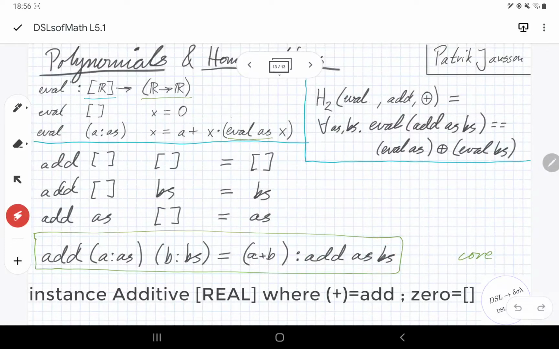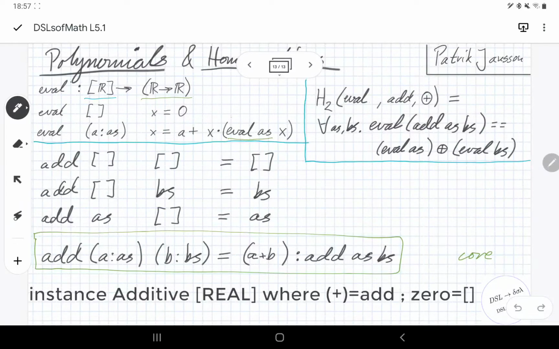So for example, if the lists have the same length, they would just continue summing the components pairwise, so the 0th component to the 0th, the first component to the first, and so on, until it gets down to these two empty lists, which is just the empty list at the end. Well, I should say, that one we recognize as zipWith.